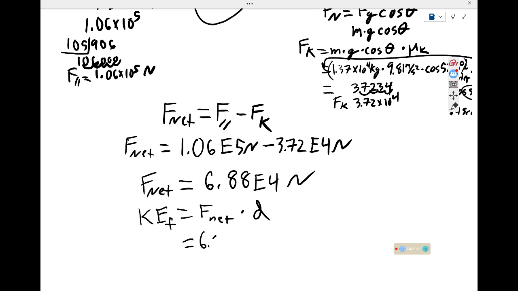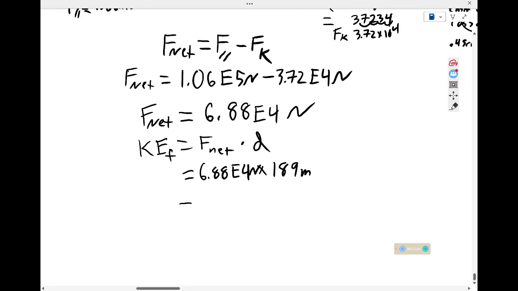So that's going to be 6.88e4 times 189. And notice that we end up with newton meters, which is what joules are. Is it 187? Okay, sorry.